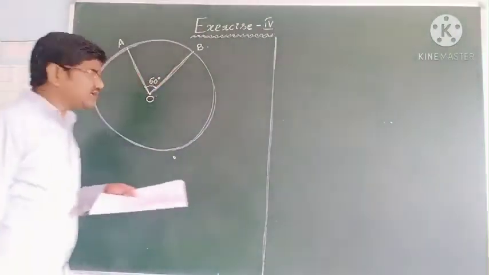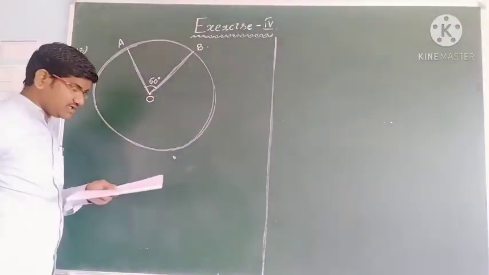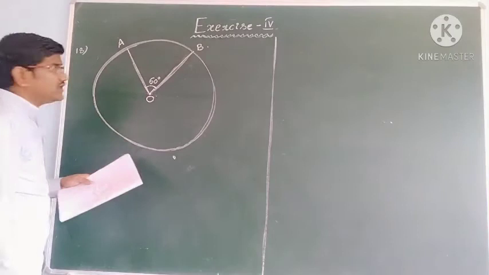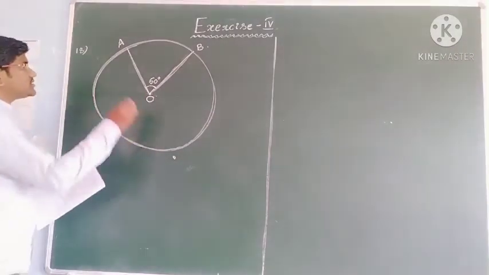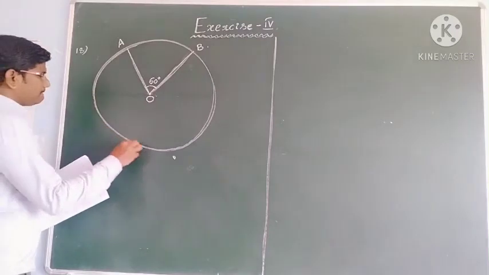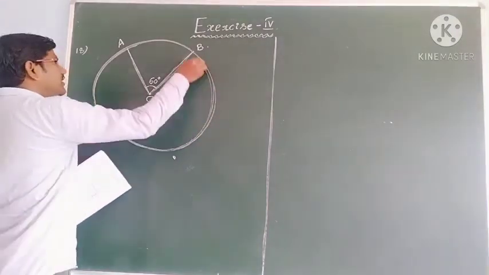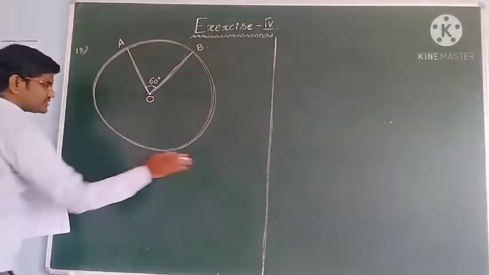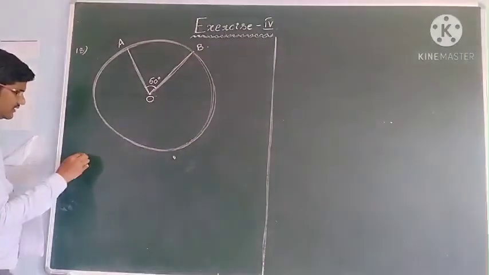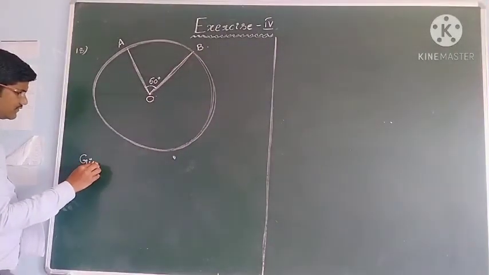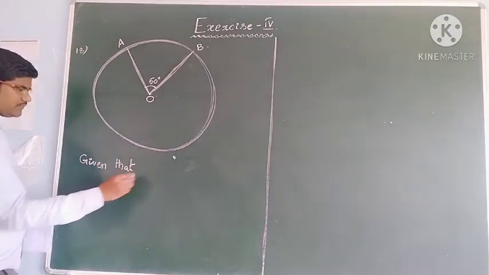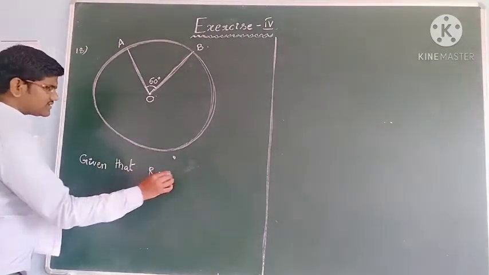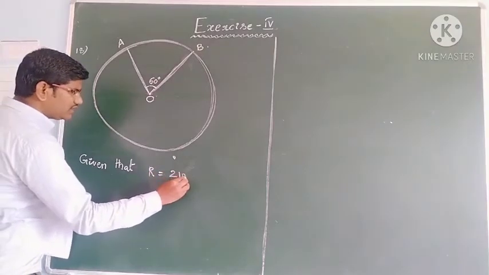Okay, students, now see problem number 18. A body moving along a circular path of radius 21 meters. So given that radius r is equal to 21 meters.